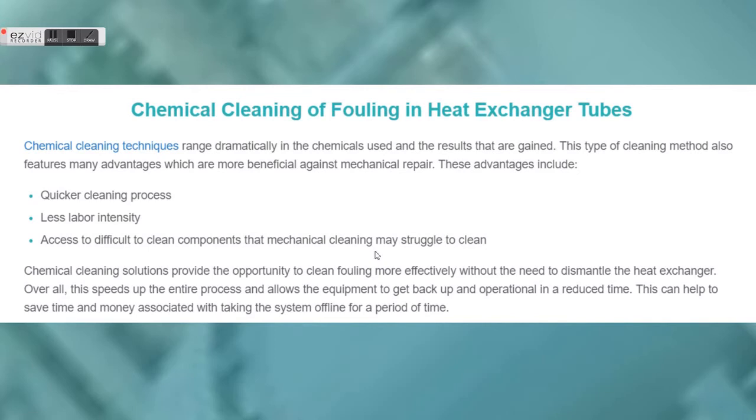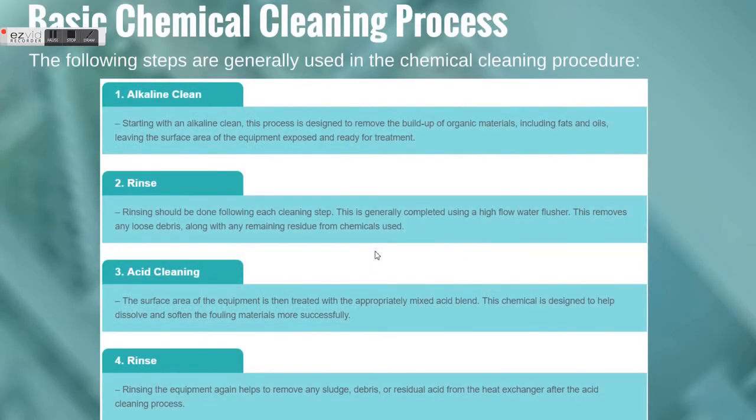Chemical cleaning solutions provide the opportunity to clean fouling more effectively without the need to dismantle the heat exchanger. Overall, this speeds up the entire process and allows the equipment to get back up and operational in a reduced time. This can help to save time and money associated with taking the system offline for a period of time.